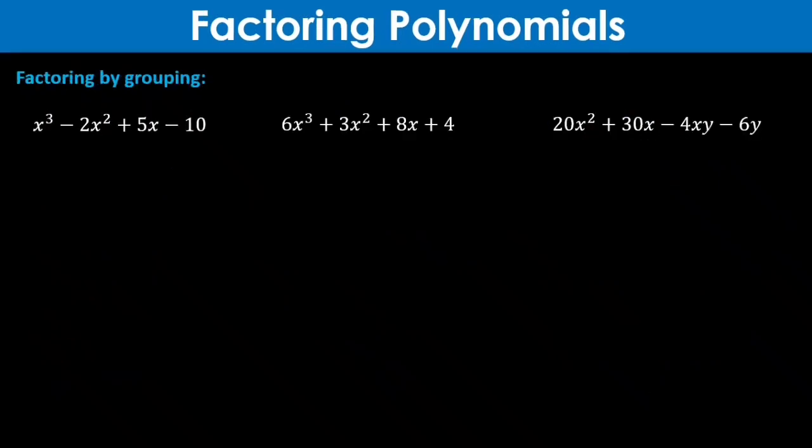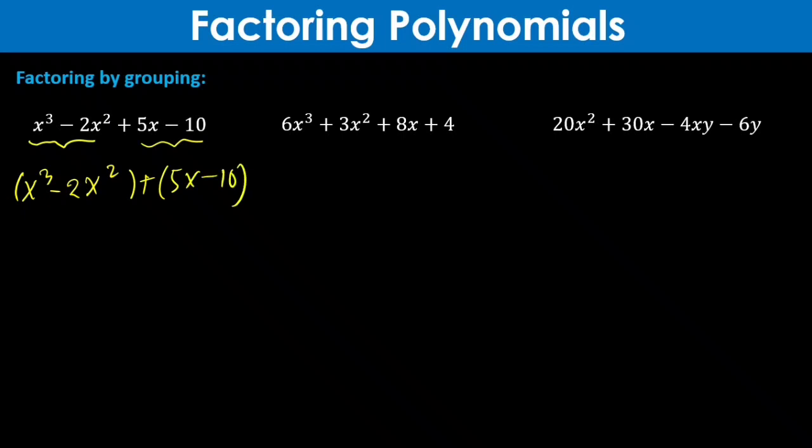This is factoring by grouping. What we're going to do is we group these terms. So we'll have x cubed minus 2x squared plus 5x minus 10.